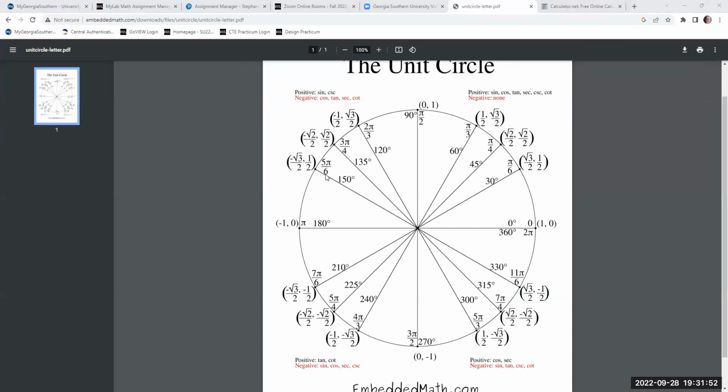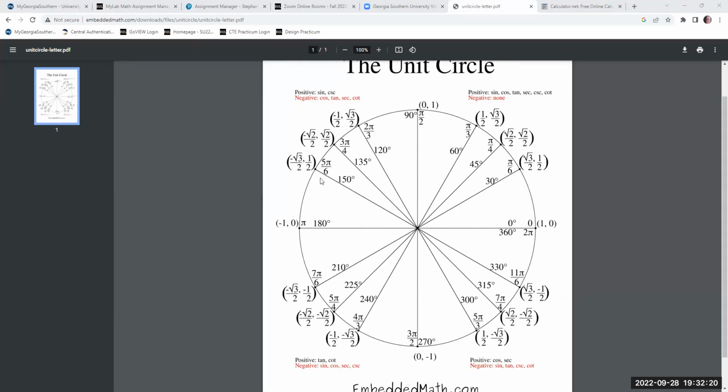5 pi over 7 is like, this is not really, this is 5 pi over 6, but 5 pi over 7 is close to it. 7 pi over 7 would be here. And then 3.5 pi over 7 would be here. So we know 5 pi over 7 is in between here. So the other one is going to be over on this side.